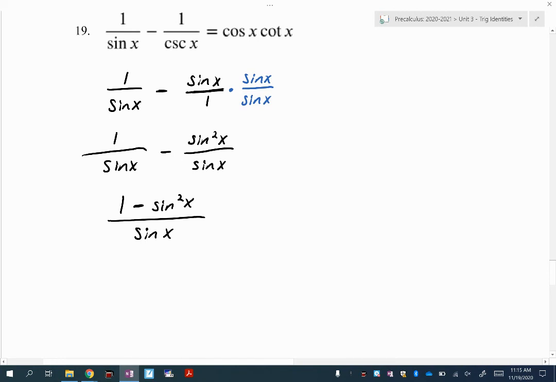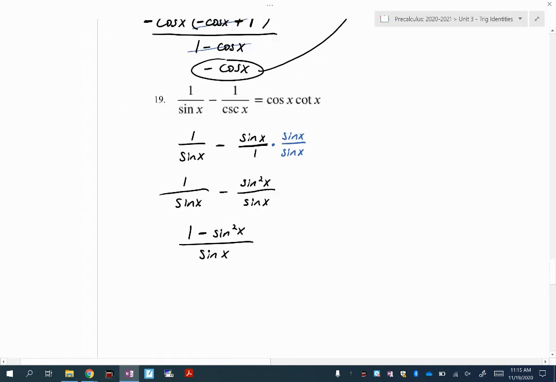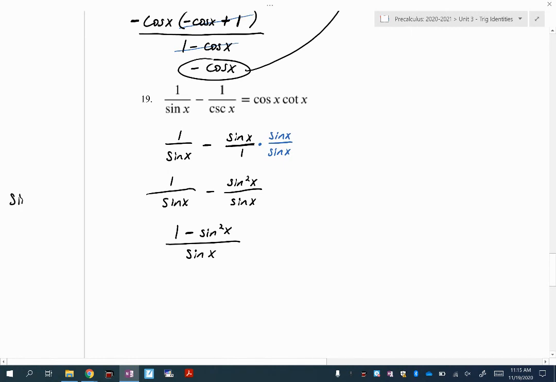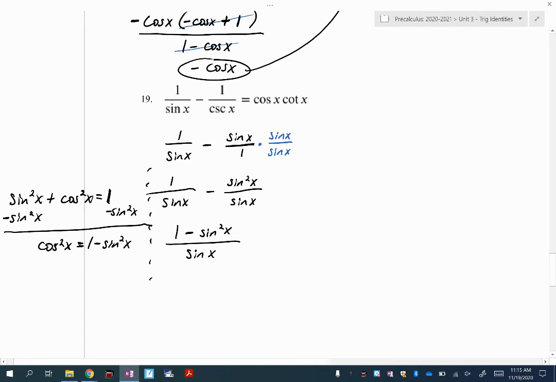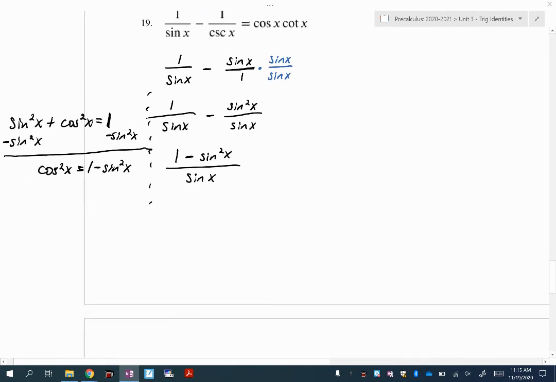Now, when I look at this numerator, it sure looks like it's almost one of my Pythagorean identities. Again, sine squared x plus cosine squared x equals 1. If I move the sine squared over with subtraction, I get cosine squared x equals 1 minus sine squared x, right? That's what I have in my numerator. So I'm going to replace the numerator with cosine squared x over sine of x.